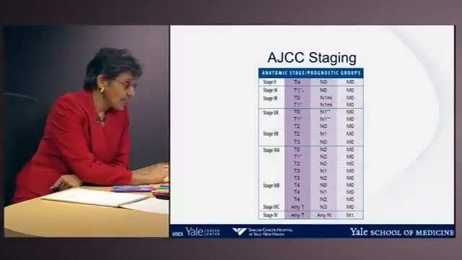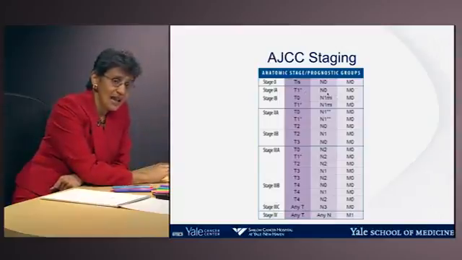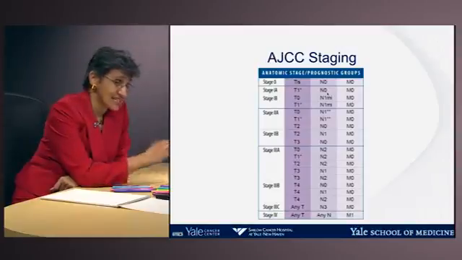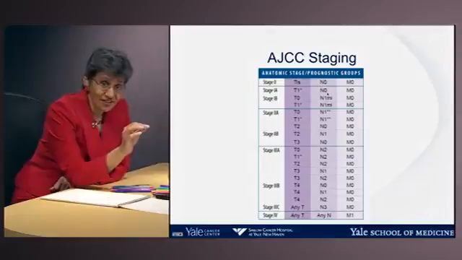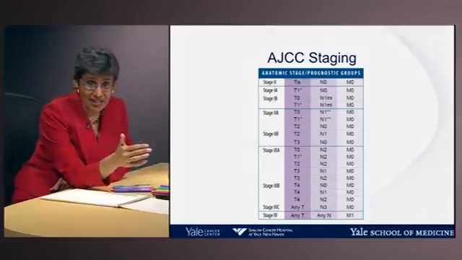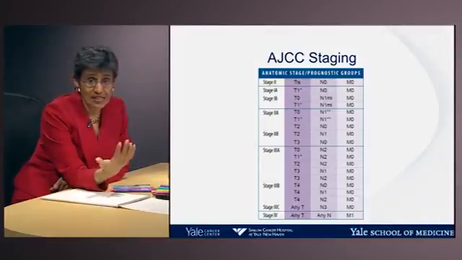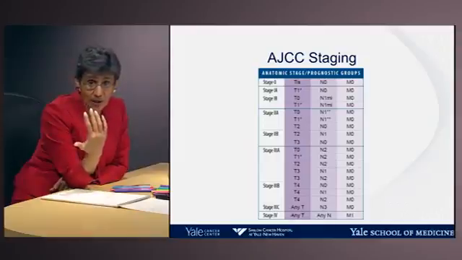Stage 1 are the cancers that are a little bit bigger, so up to 2 centimeters, but still don't really have any lymph node metastases. So remember, even though a cancer may be invasive, it invaded the basement membrane. It doesn't mean that it spread to lymph nodes or other parts of your body.